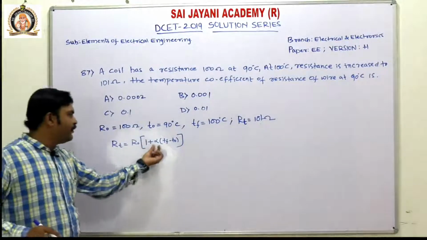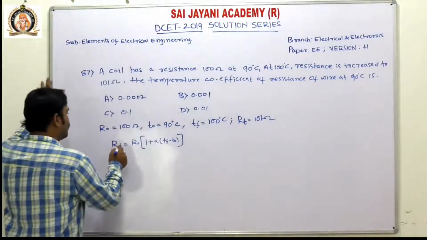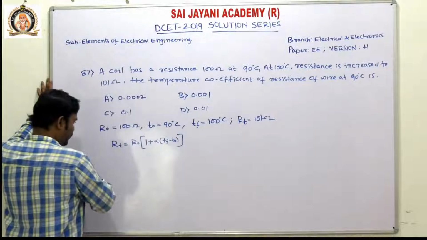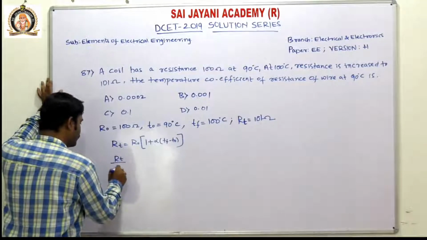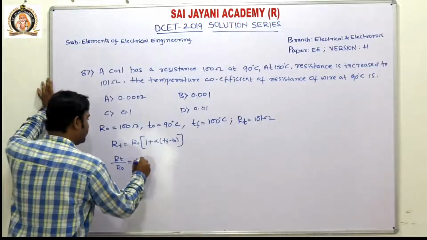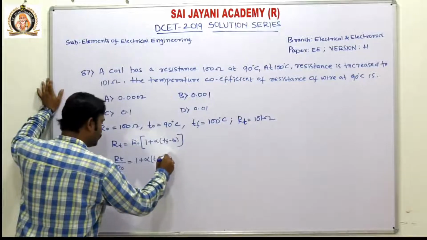So what we need to find? We need to find alpha, right? So I will simplify this equation. RT is at the LHS, R0 is at the right hand side. So RT divided by R0 equals 1 plus alpha of TF minus T0.